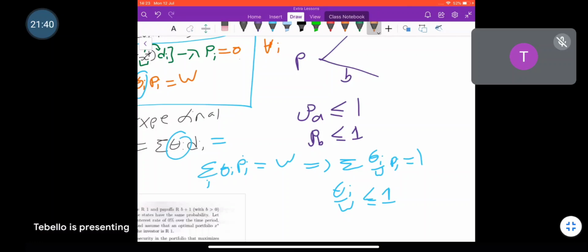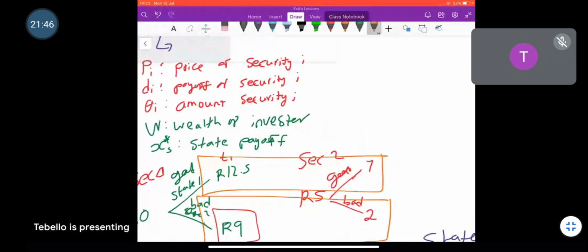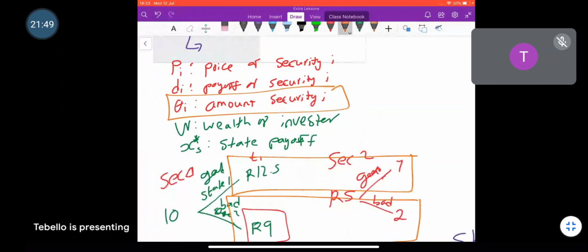That's why this is called the amount and not the proportion. I don't know if that makes sense.